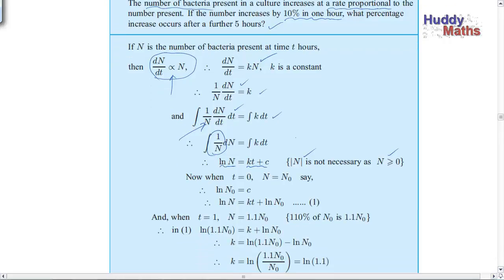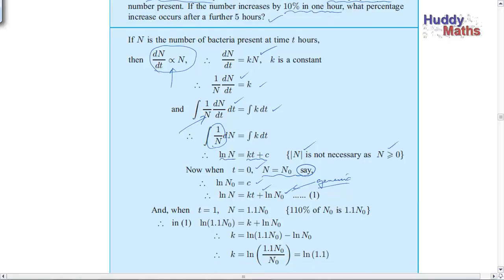When t equals 0, you've got to make up your own initial starting value because you aren't told. So it's ln of n0, therefore ln n is kt plus ln n0. The constant here is unknown. It's a generic situation. You can start with any number of bacteria. That comes from previous years of modelling exponentially.